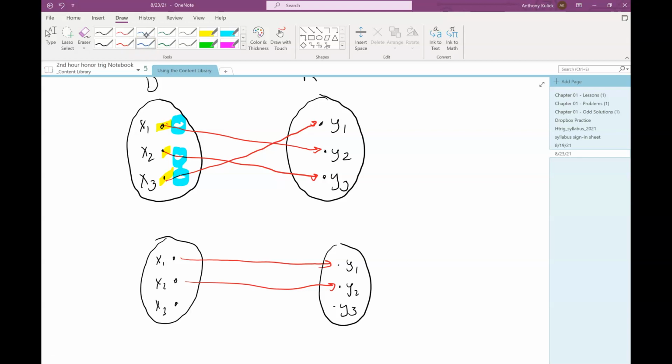Yeah, some of the domain elements are not paired, right? What if I add in this arrow? Is this a function? Yes, right? All the x's are used, and they're only going to one location. Does it matter that some of them are going to the same location? No. Does it matter that some of the locations aren't used, some of the y's? No.